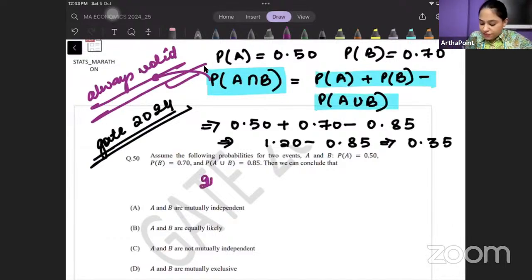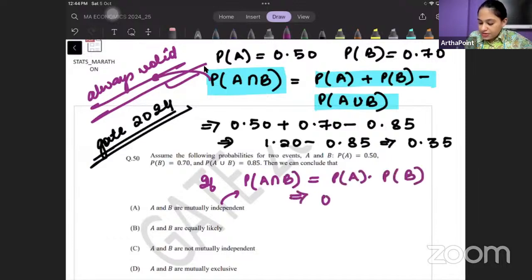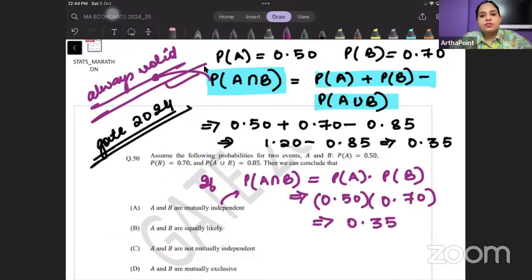Now, if they are independent, probability A intersection B will be probability of A into probability of B. So it will be 0.50 into 0.70. This is giving me 0.35. So both of these are giving me 0.35.